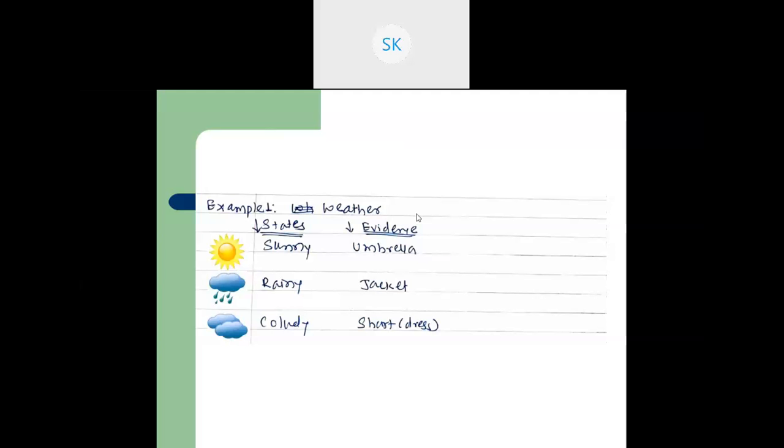So he is utilizing these evidences to predict the hidden state. Right now the weather is hidden for him, he does not have access to it, and from the evidences he can predict what the weather will be. That is the hidden Markov model.